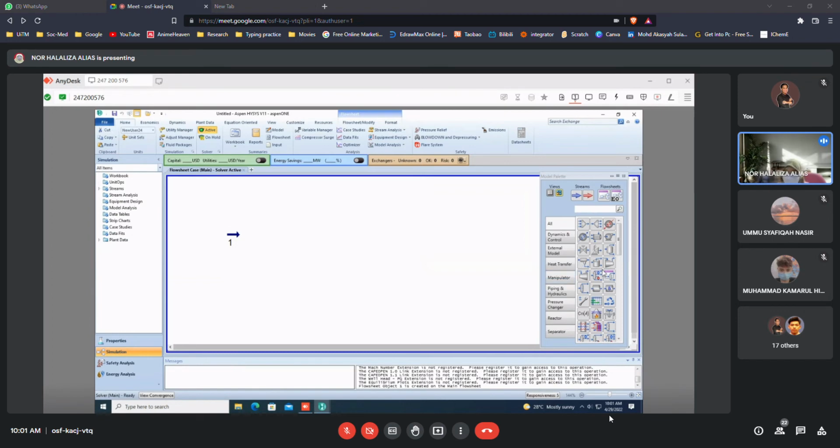Okay, now we need a pump. Mana pump, katalah you tak tahu. Okay, go to here, type pump. So you nampak ni simbol pump. Dekat sini setiap kali you drag, kita akan nampak nama equipment memang akan pop up. Okay class, are you still following?